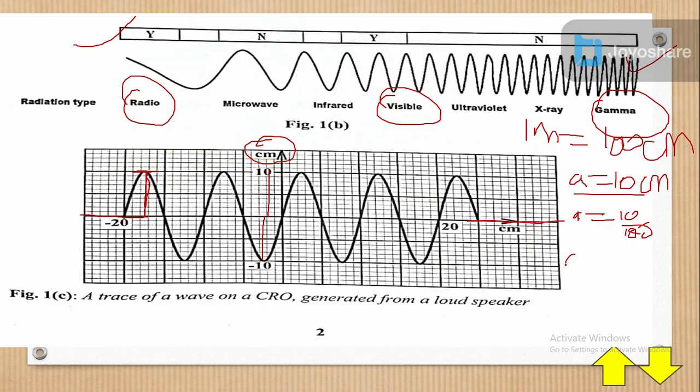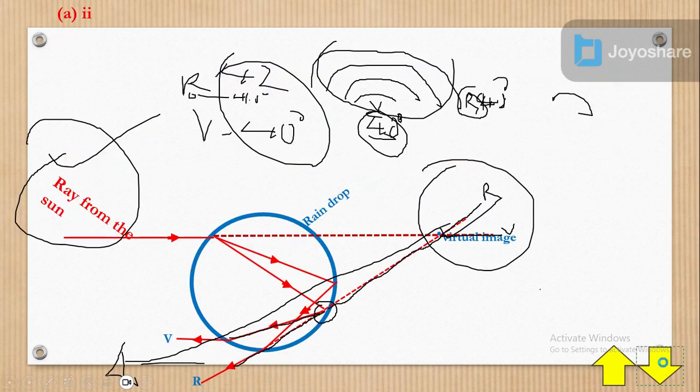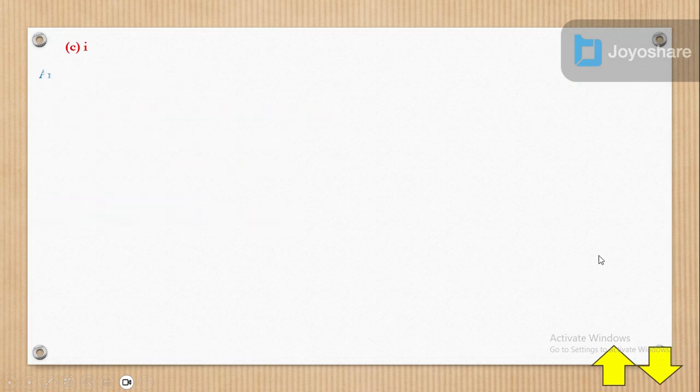When you divide, you get a equal to 0.1 meters. So the amplitude is 10 centimeters, which is 0.1 meters. I've already explained that. Let's now go to part C, Roman number 2.